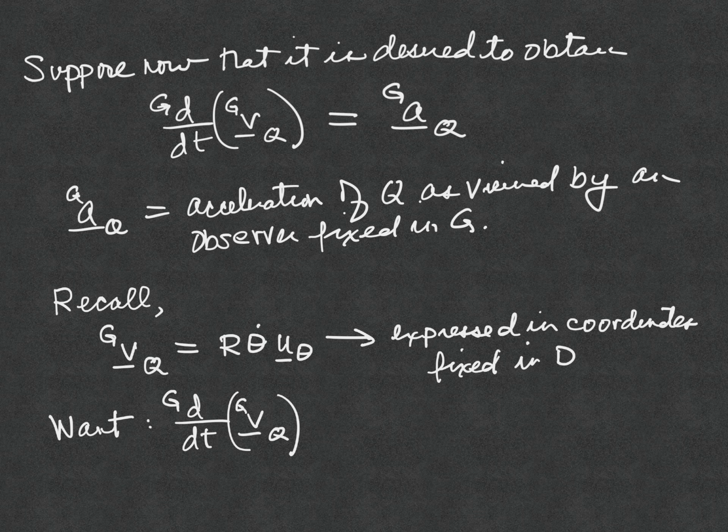So because the derived expression for the velocity of point Q in G is expressed in coordinates fixed in D, and we want the rate of change as viewed by an observer fixed to the ground of that velocity, we need to apply the transport theorem.